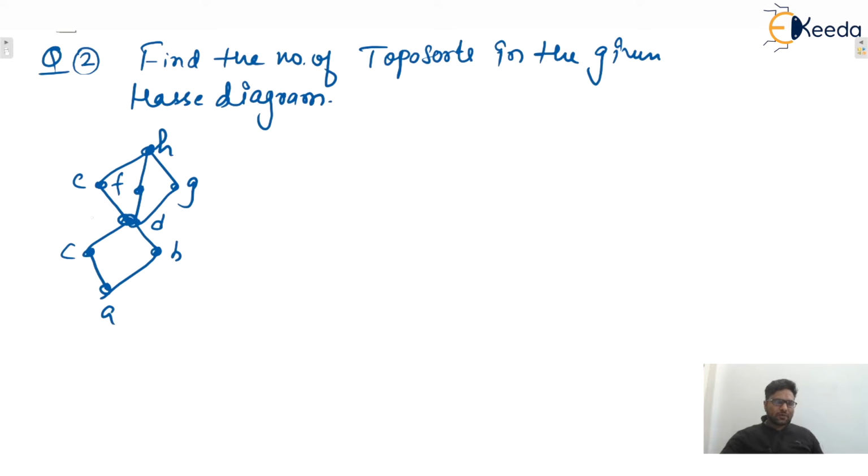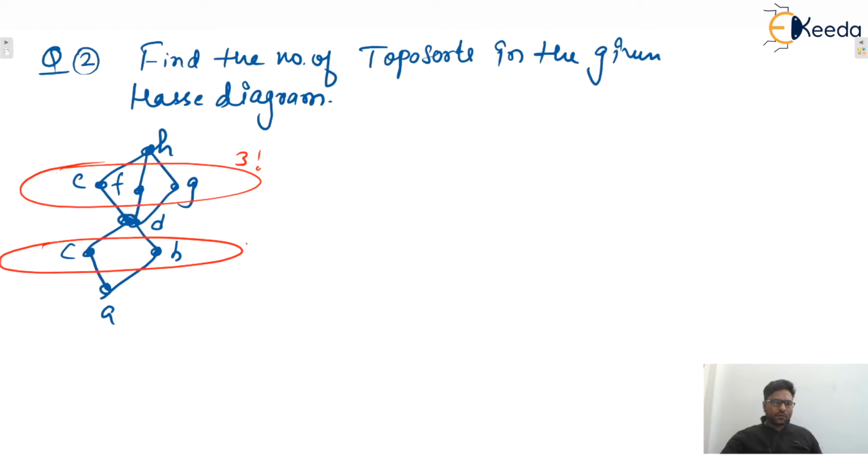Yes, we can say that from here you will be getting 3 factorial, and from here you will be getting 2 factorial. So altogether 3 factorial into 2 factorial, that will be 12. You can write each and every one.